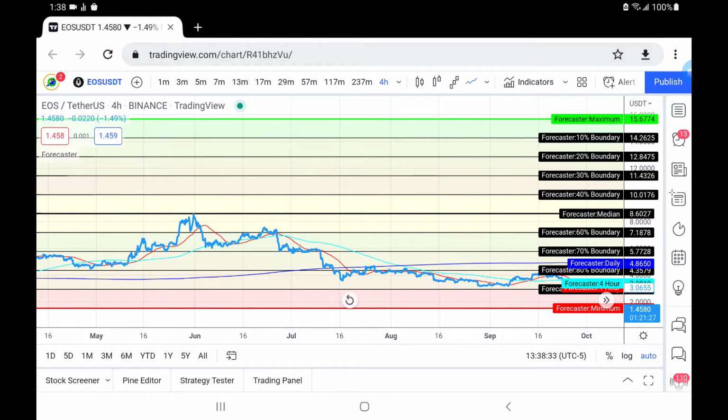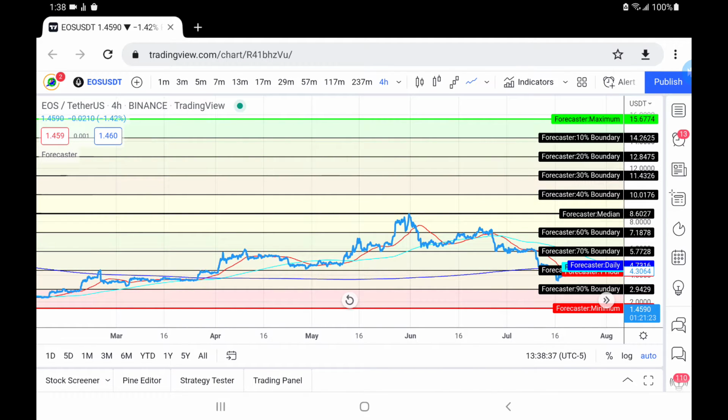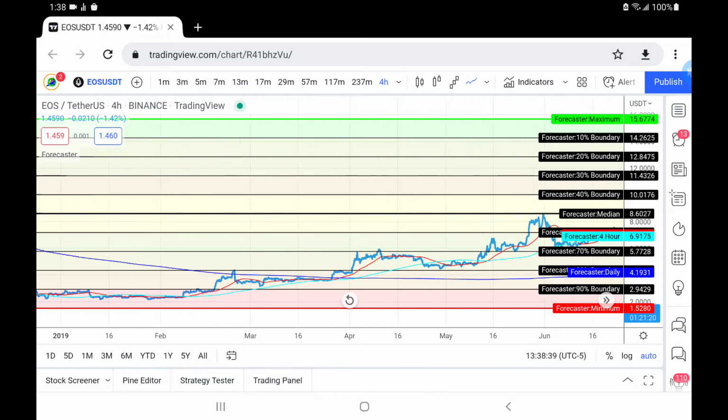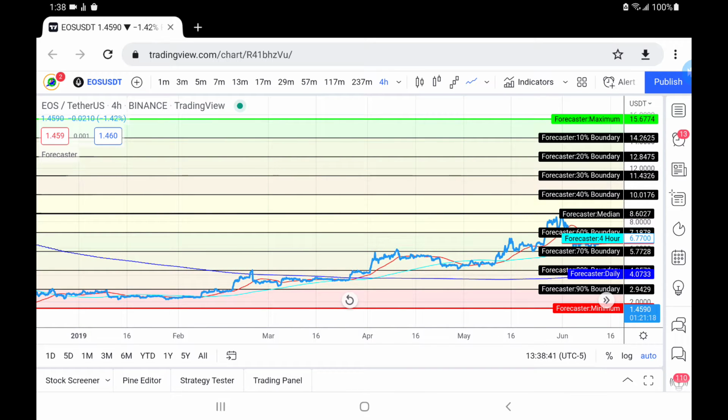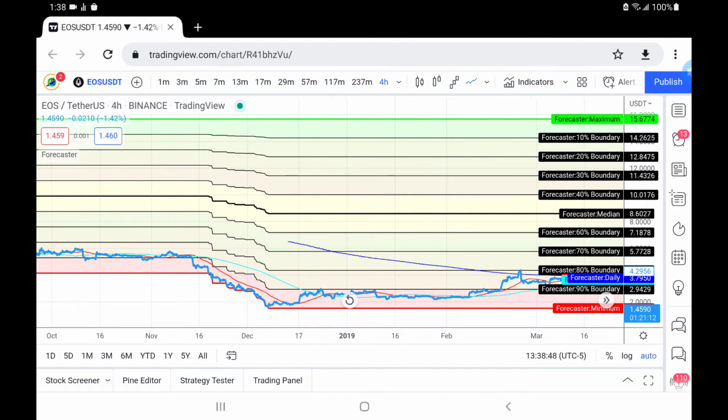For the level of corrections that this asset just went through, this should have broken the median, at least reasonably equal to the downward correction. Right here shows there's nobody willing to buy the coin.